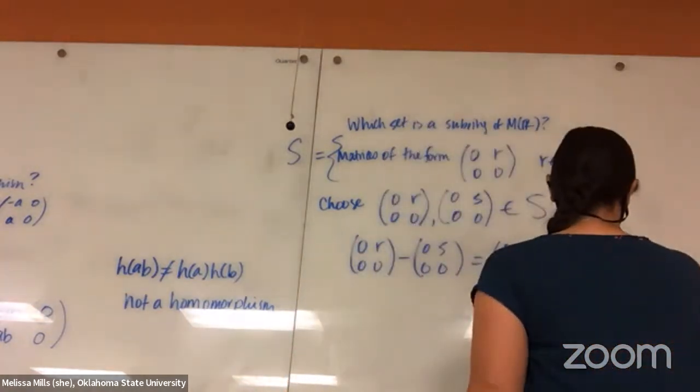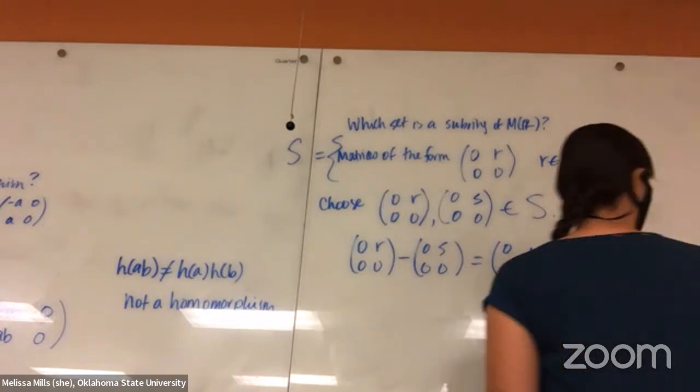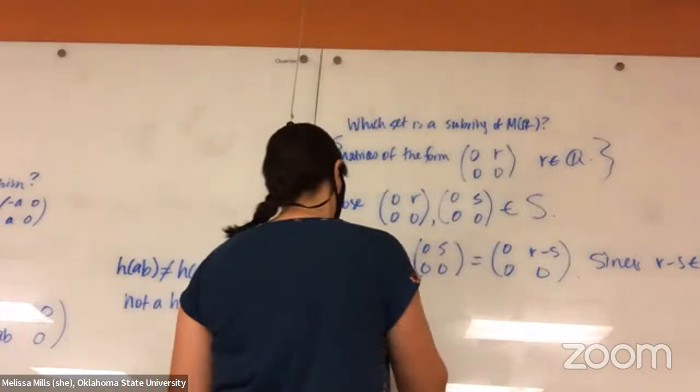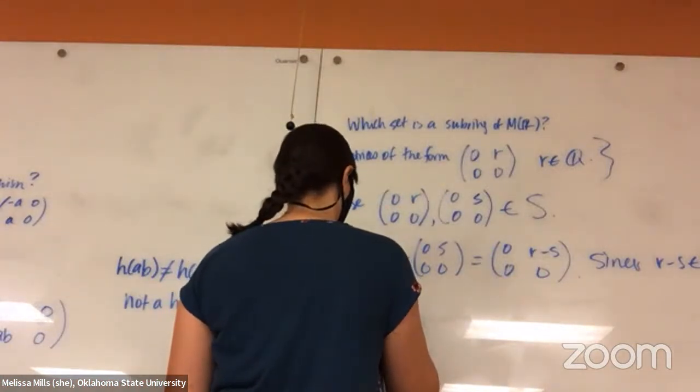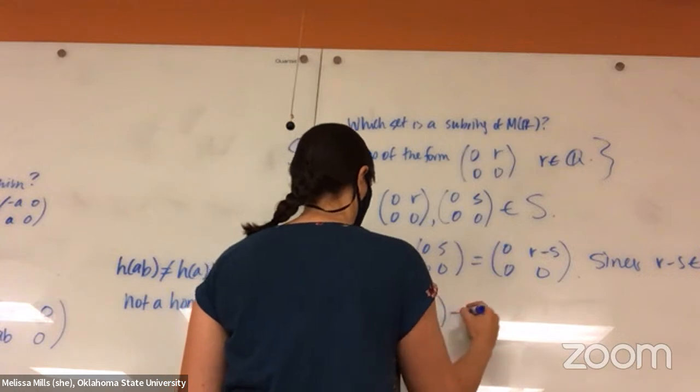And since r minus s is an element of Q, this thing is in S, right? Then I could do 0 r, 0 0 times 0 s, 0 0.